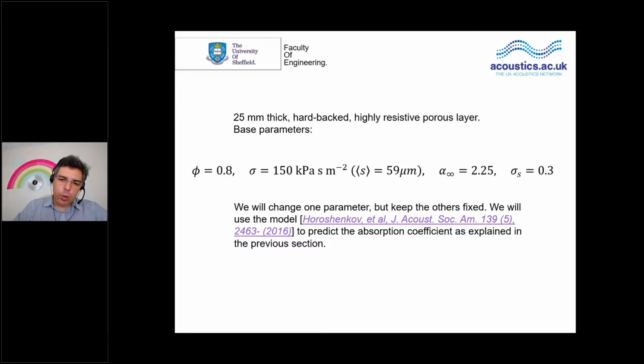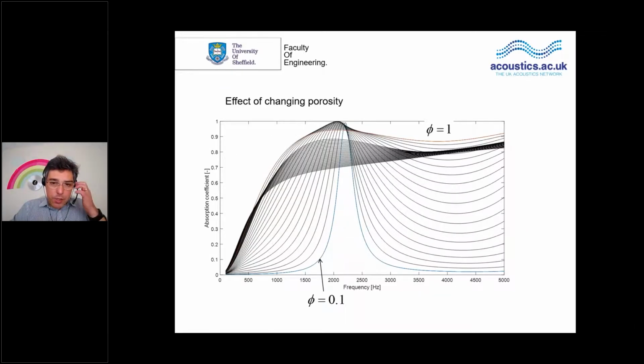So I use the model I developed in 2016, which is very similar to the one I described on a couple of previous slides, to illustrate the effect. Let's freeze 3 parameters and vary 1. Let's see what happens when we change the porosity. When porosity is very low, only 10%, the quarter wavelength resonance dominates the behavior.